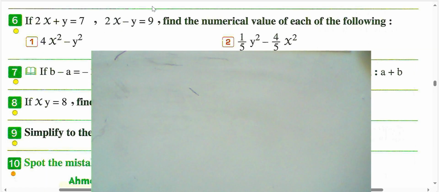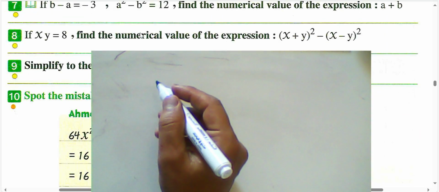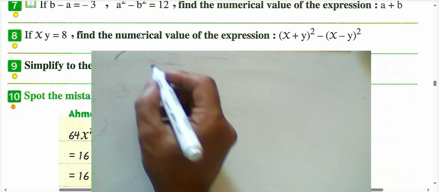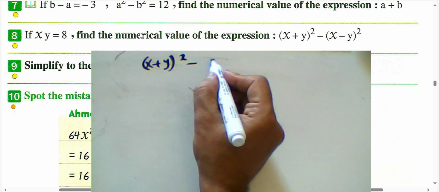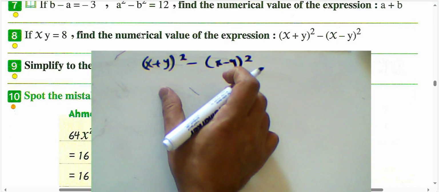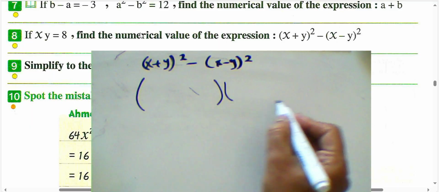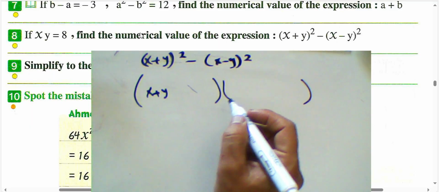Question number 8. x times y equals 8. Find the numerical value of the expression x plus y all power 2 subtract by x minus y all power 2. We have the difference between two squares. We can factorize this to the simplest, try to open brackets here, and x plus y product by itself.